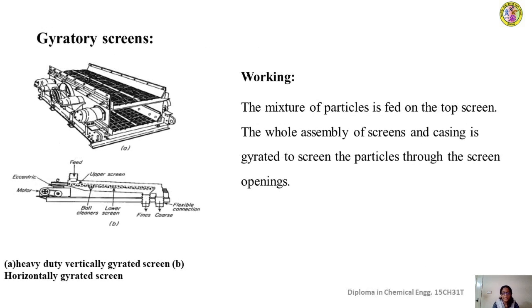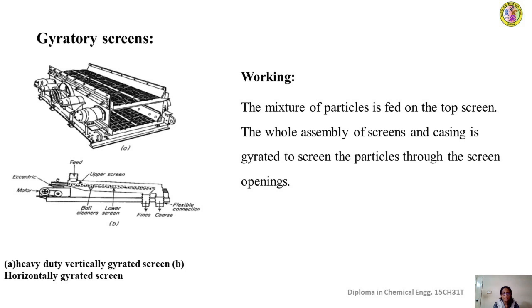The working of a gyratory screen is much simpler. The mixture of particles which are to be separated into different fractions is taken on the topmost screen. Then the whole assembly is gyrated in the required direction, due to which sizing takes place and the material gets separated into different fractions by getting collected on different decks of the screen.